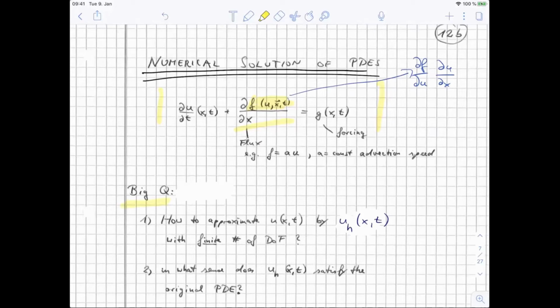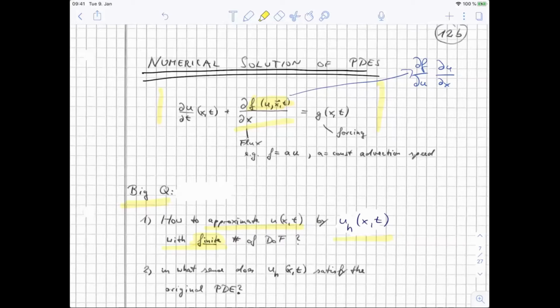The first question is, one needs to approximate the continuous solution u of x and t, which has an infinite number of degrees of freedom, by some approximated version u_h of x and t, which only has a finite number of degrees of freedom.